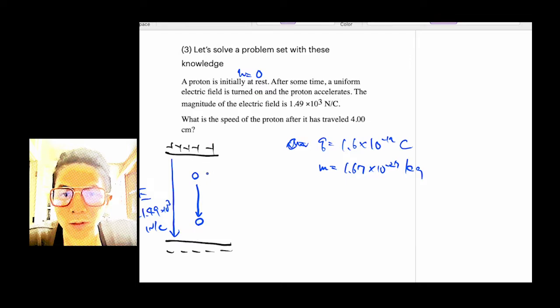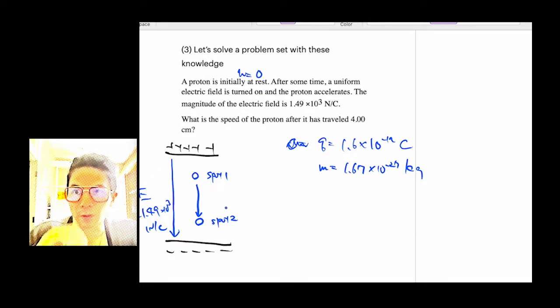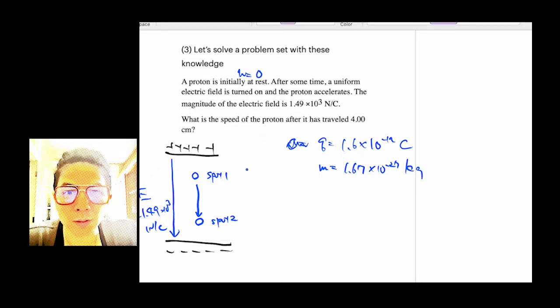And let's say that this is spot 1 and this is spot 2, and the original velocity is basically 0, so v1 equals 0, and we need to calculate the speed of the proton after it traveled 4 centimeters. So v2 is not known, and the distance from spot 1 to spot 2 is 4 centimeters.